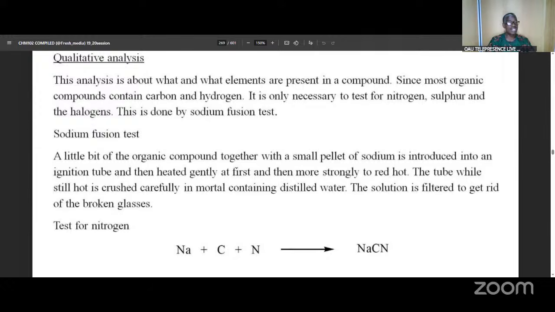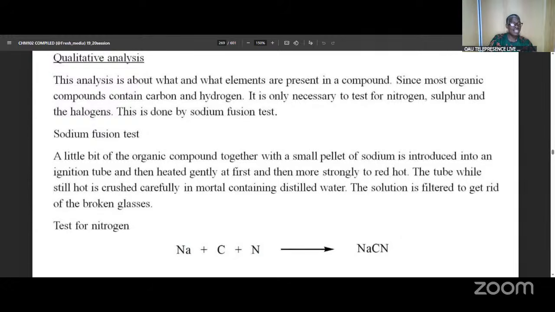How is this test carried out qualitatively? A little bit of the organic compound, together with a small pellet of sodium, is introduced into an ignition tube and then heated gently. The mixture is heated gently at first and then more strongly to red hot.